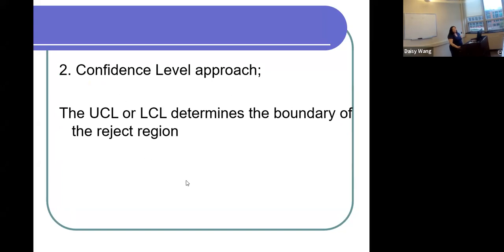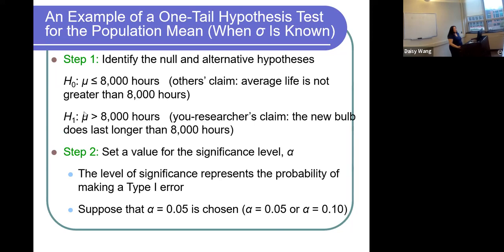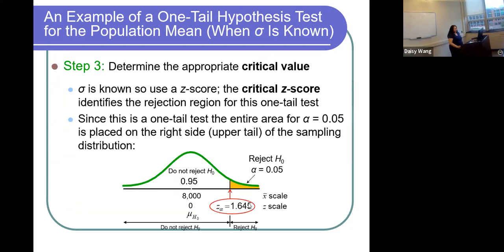So the confidence interval is similar to this. So instead of calculating the Z score, now we use a similar approach. Calculate what this range is.